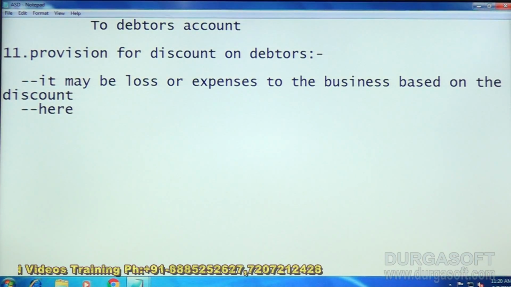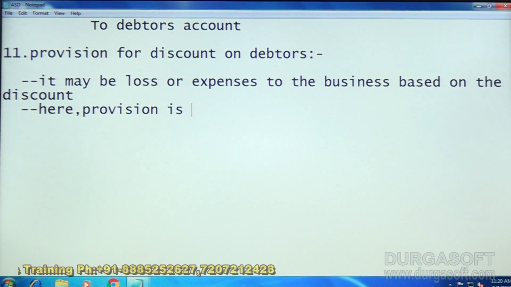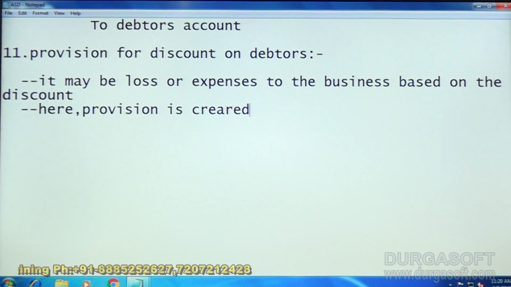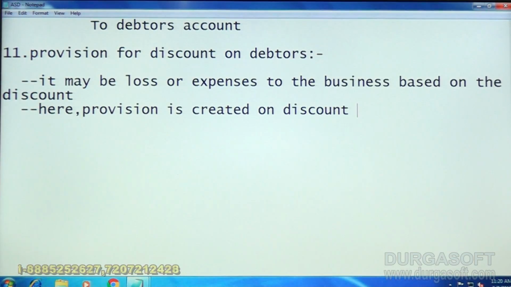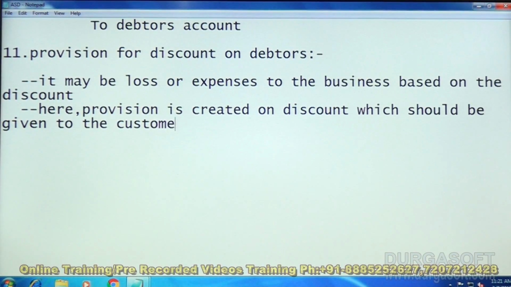Here the provision is created on the discount which should be given to the customers, means debtors.